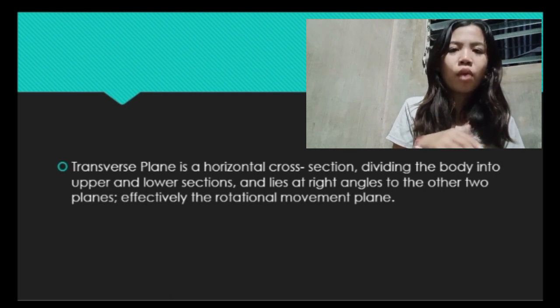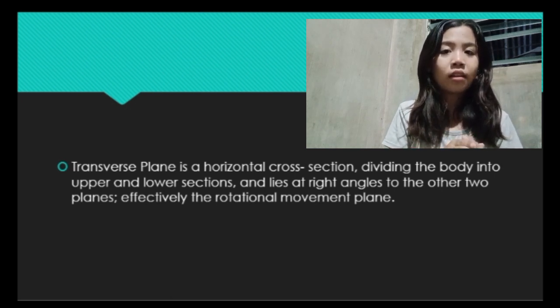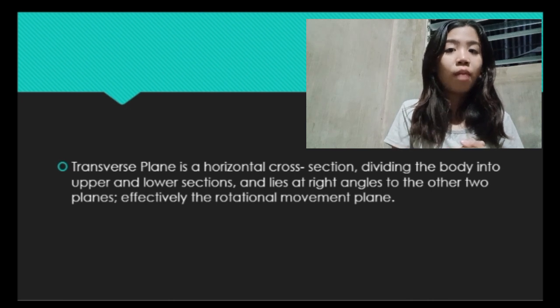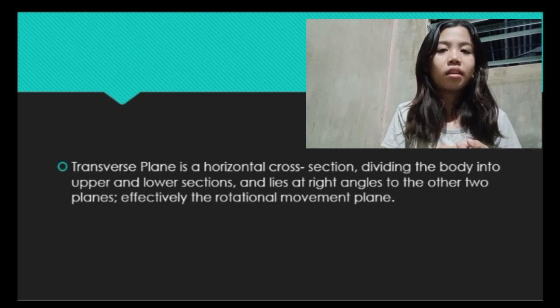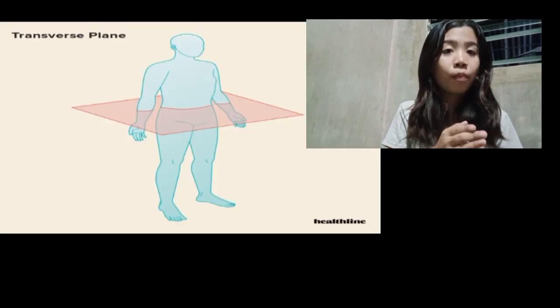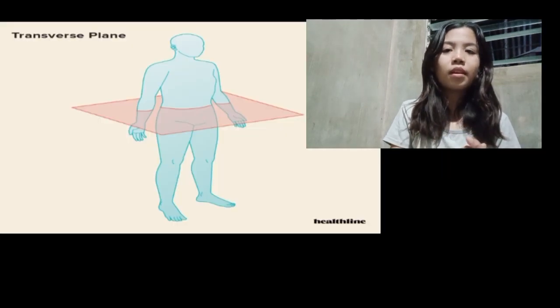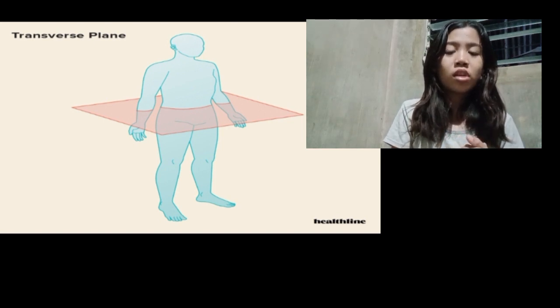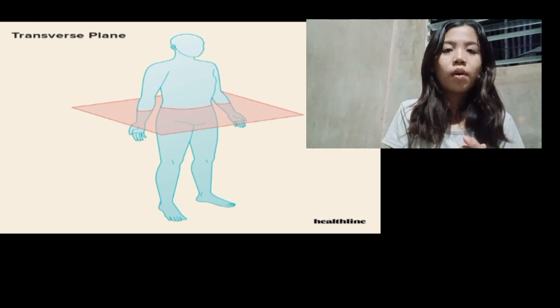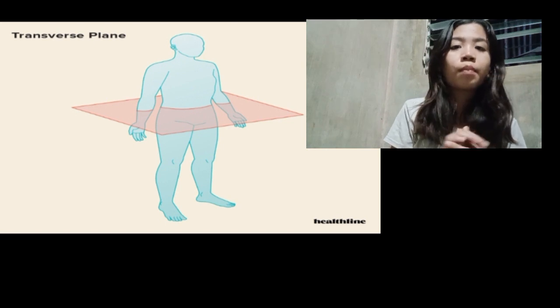So, if we imagine a line slicing through your body horizontally, it will divide it into upper and lower portions. So the line represents the transverse plane. This plane is oriented at right angles to both the sagittal and coronal planes.